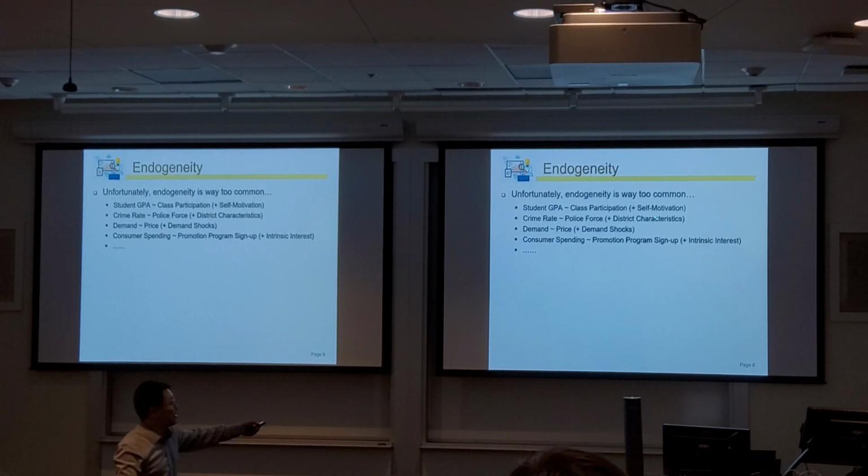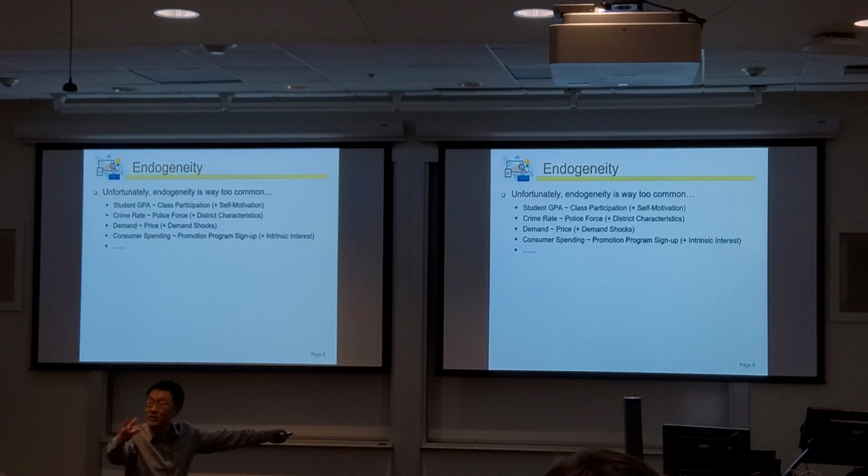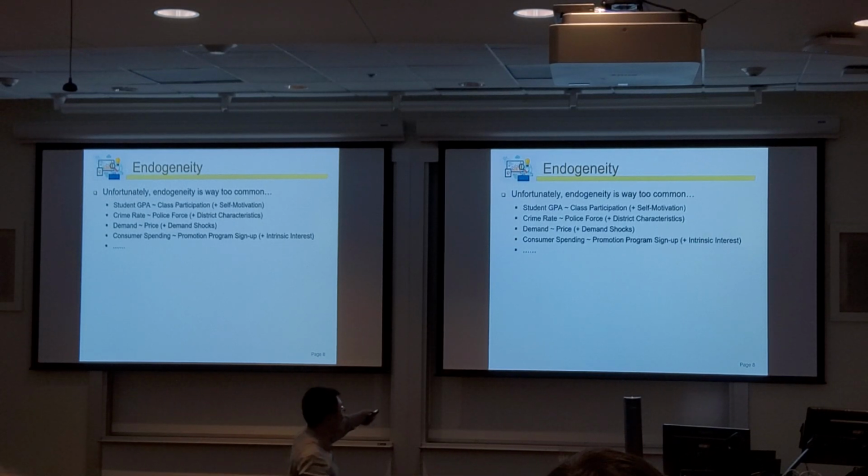So there's some intrinsic interest. Those are the unobservable factors which enter the error term. It affects their eventual spending decision, but it will also be correlated with their decision to sign up for the program or not. So if we ignore this correlation, we would end up overestimating the effect of these promotional programs.